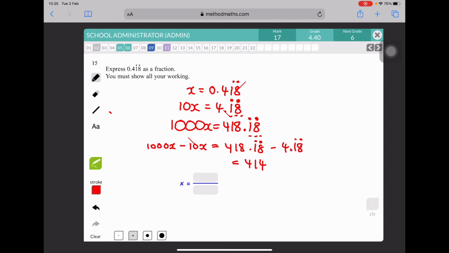And our left hand side, I forgot to do that, is 990x. So if we make x the subject, we need to divide both sides by 990. So our answer is 414 over 990.